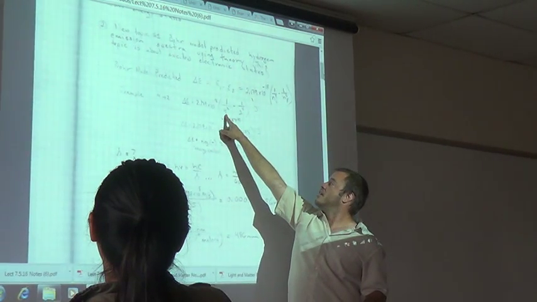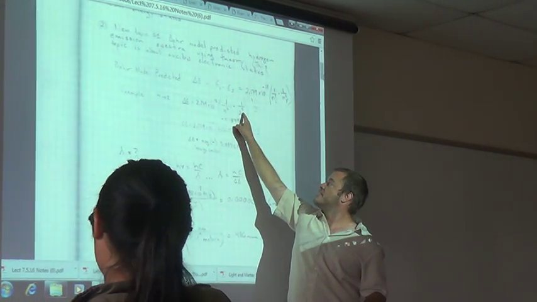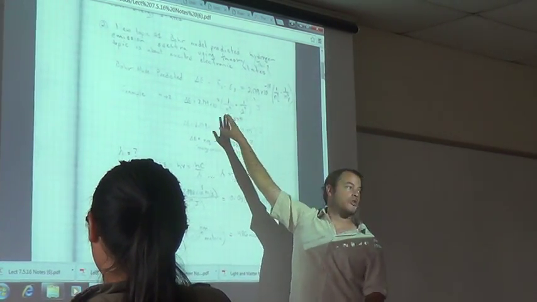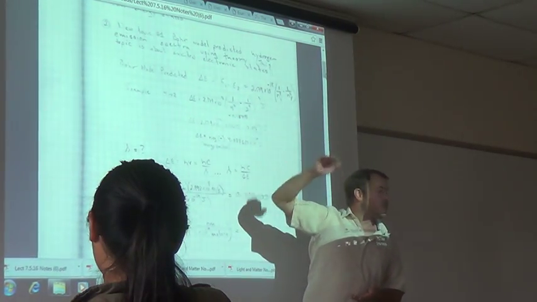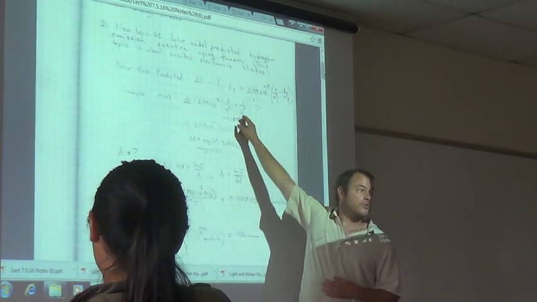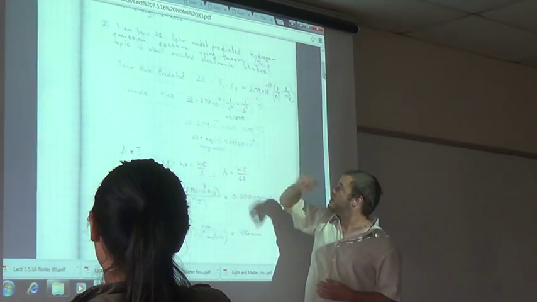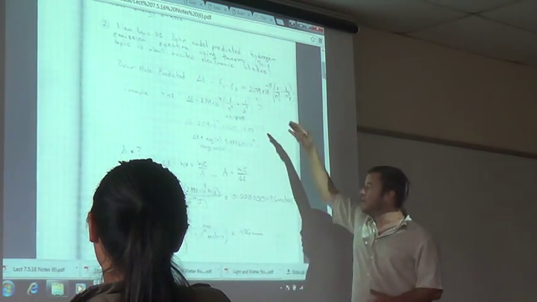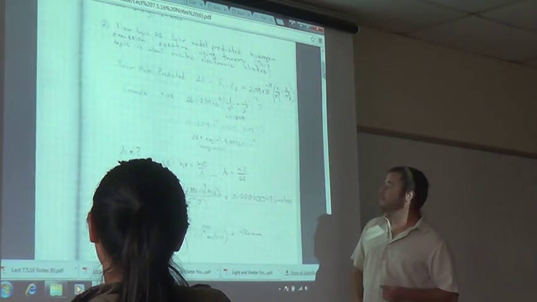So this is n initial squared, and that's n final squared. This corresponds to a transition from the hydrogen n equals 4 level to the hydrogen n equals 2 level. So they were able to predict that they could calculate the energy of those transitions using this equation.